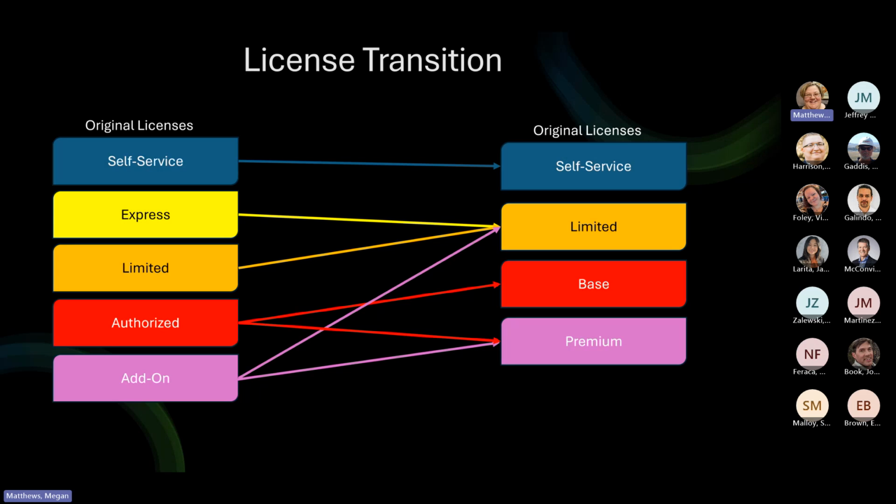That additional licensing cost is gone. If you are only viewing or editing, or that add-on is part of your 3 groups, you're a limited user or premium. If you used to be an authorized user, you'll now be premium. So that's how that translates from what you had before to what you have now.